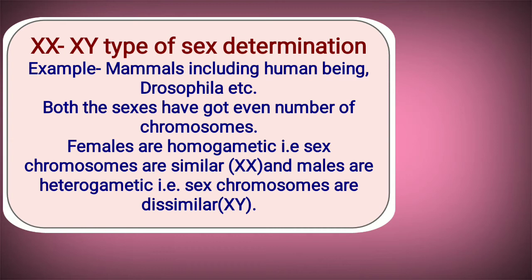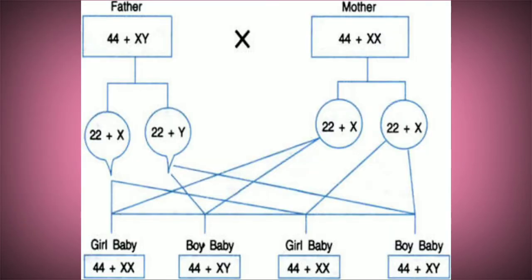This is because the sex chromosomes in case of males are not the same, they are dissimilar. One is bigger, which is regarded as the X, and one is smaller, which is called the Y chromosome. And during the formation of gametes, this X and Y chromosome will separate, and they will be present in different gametes.